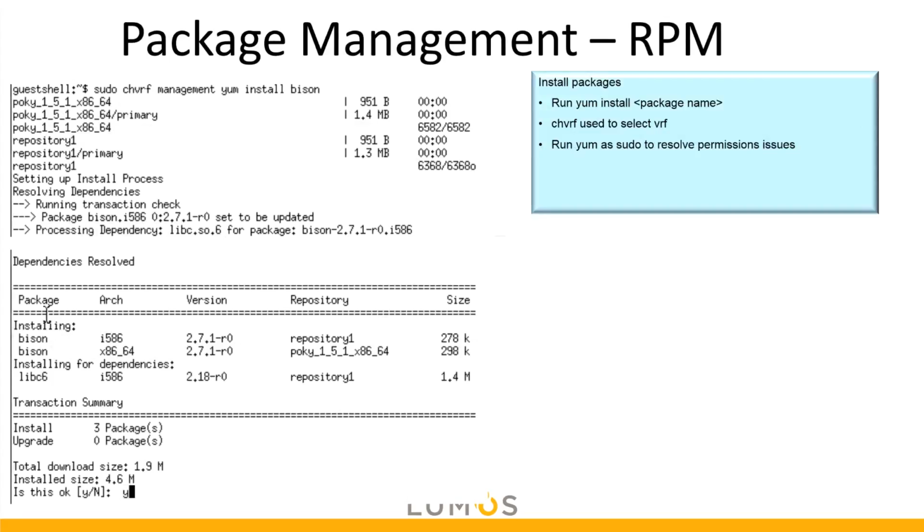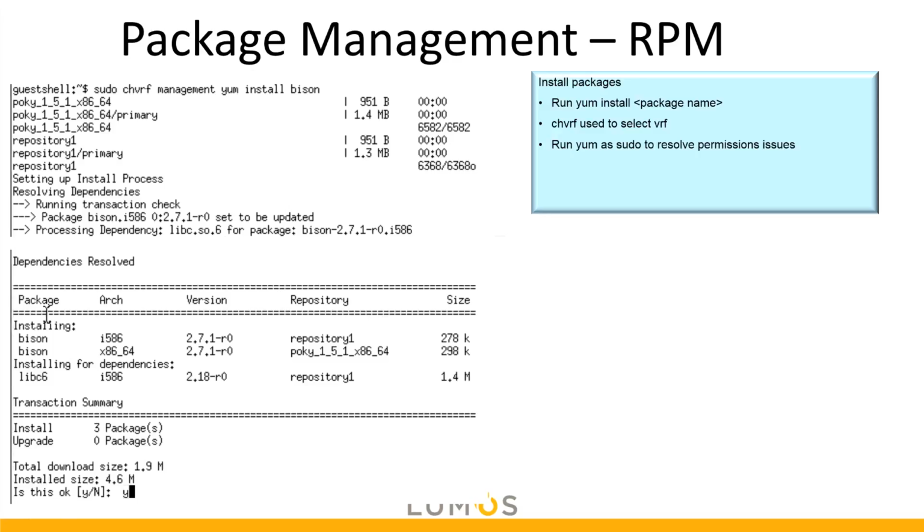So we also have package manager, or RPM. So we have the ability to install packages via yum. So I can drop down into the guest shell and then do a sudo, super user do, or do it as root, to change VRF to management and do a yum install of a particular application like Bison.